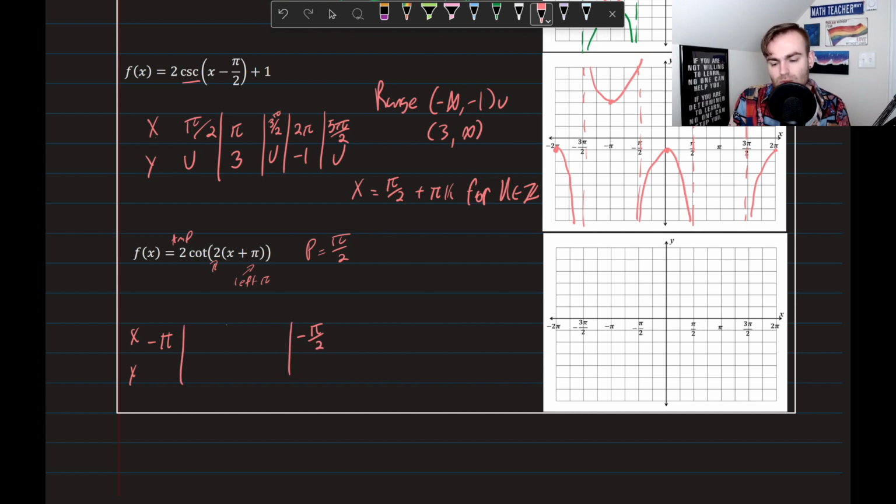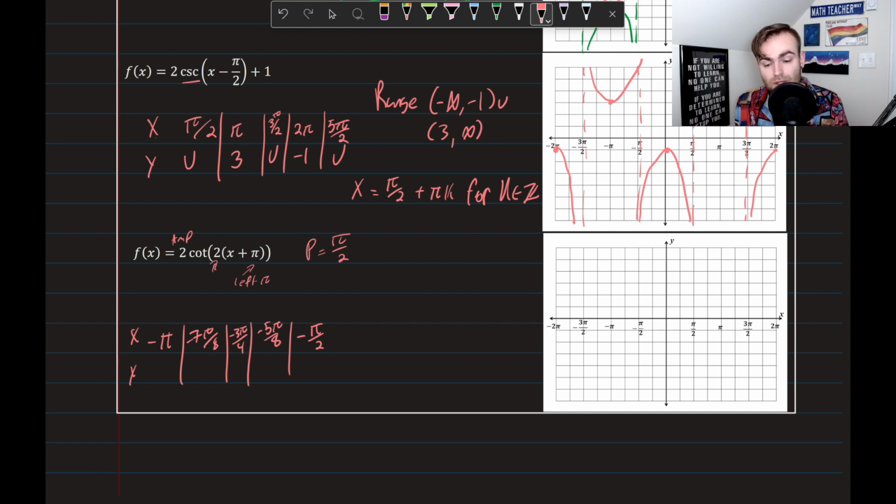And this might be a little tricky to think about, and that's okay. What's in between negative pi and negative pi over 2? Well, that would be negative 3 pi over 4. In between these, in terms of eighths, we have 4 eighths here, so this would be 5 eighths, 6 eighths, 7 eighths, and that's how we can get that.